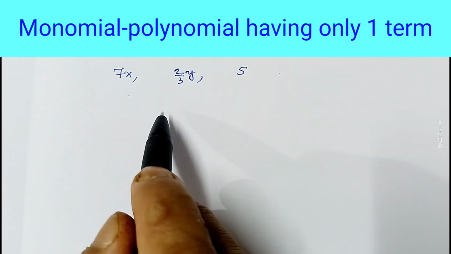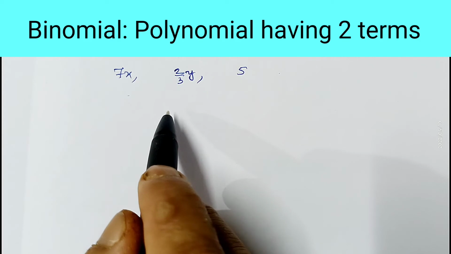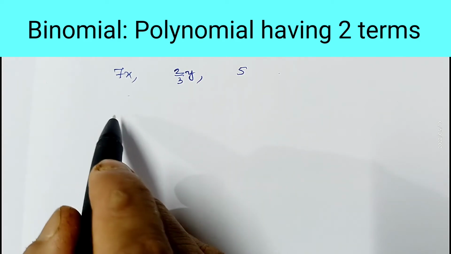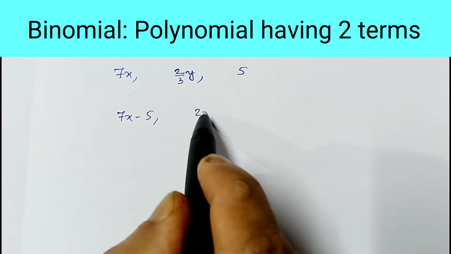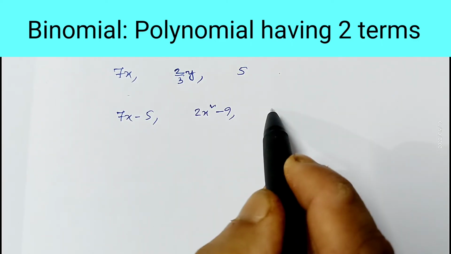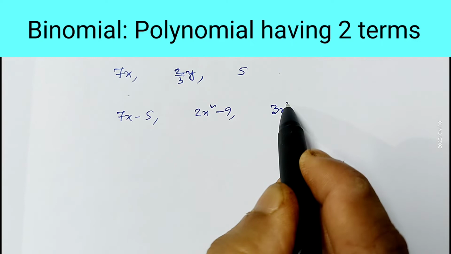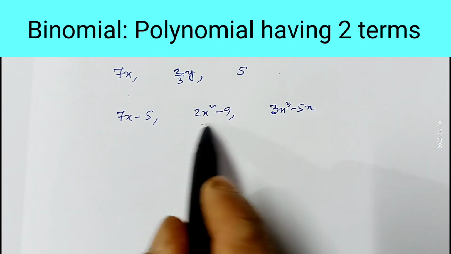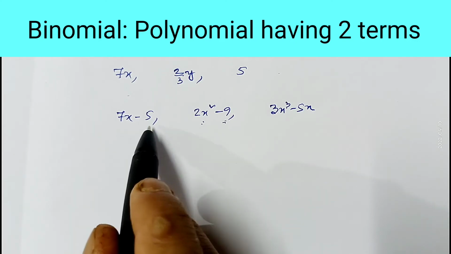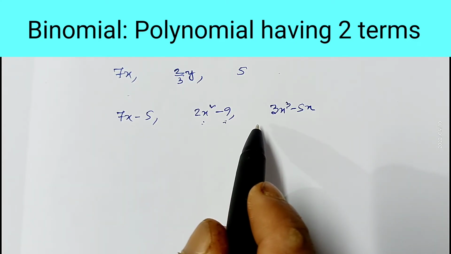Suppose a polynomial has two non-zero terms, then it is called a binomial. We can consider examples like 7x minus 5, 2x squared minus 9, or say 3x cubed minus 5x. Here how many terms? 2. Here how many terms? 2. Here also 2 terms. So these are all examples of binomial.